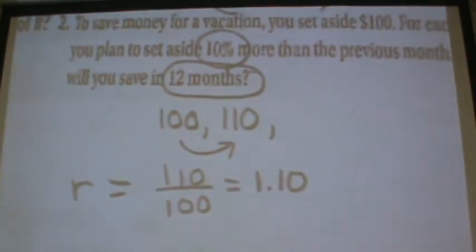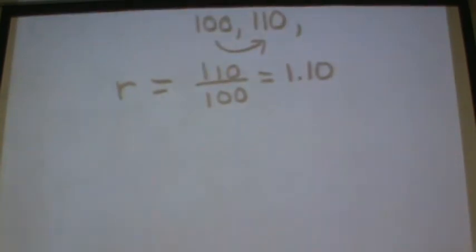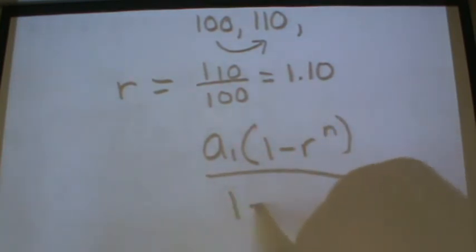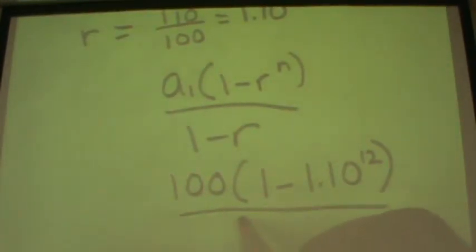So anyone think they know which formula to do? It's geometric, and we're adding the first 12 months up. So what formula are you going to use? A1 times 1 minus R to the n power over 1 minus R. This is the finite geometric series problem. So the first term is 100 times 1 minus the ratio 1.10 to the 12 months, over 1 minus 1.10.